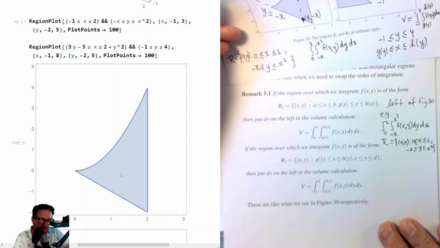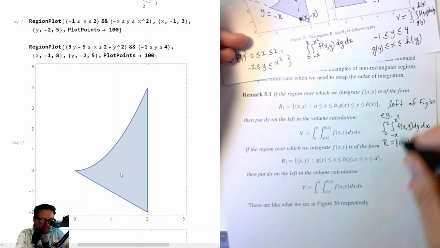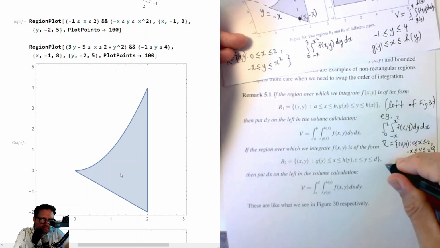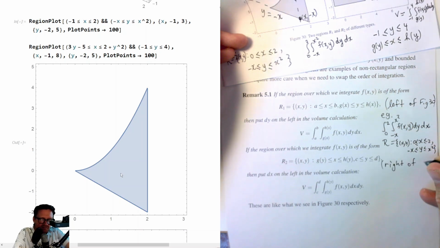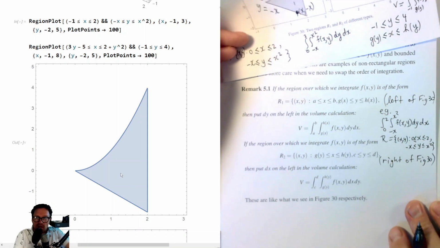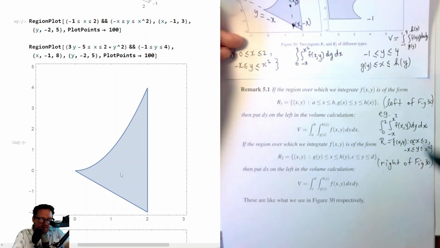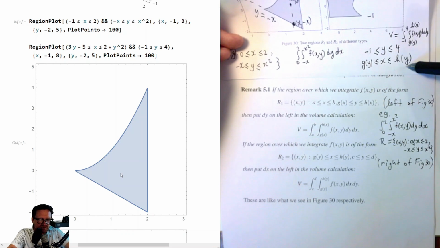Okay, now on the other way, so on the right of figure 30, we do this the other way around because now x is between two functions of y.